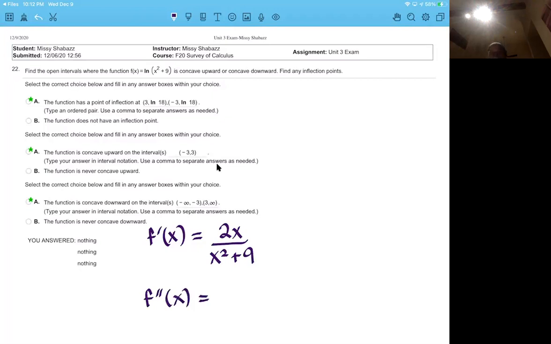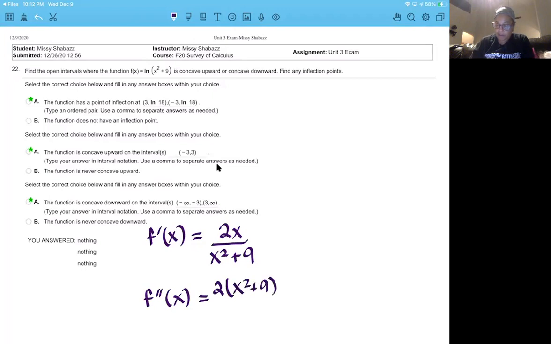Now I want to take the second derivative. I'm going to use the quotient rule. So the derivative of the top times the denominator minus the numerator times the derivative of the denominator over the denominator squared.